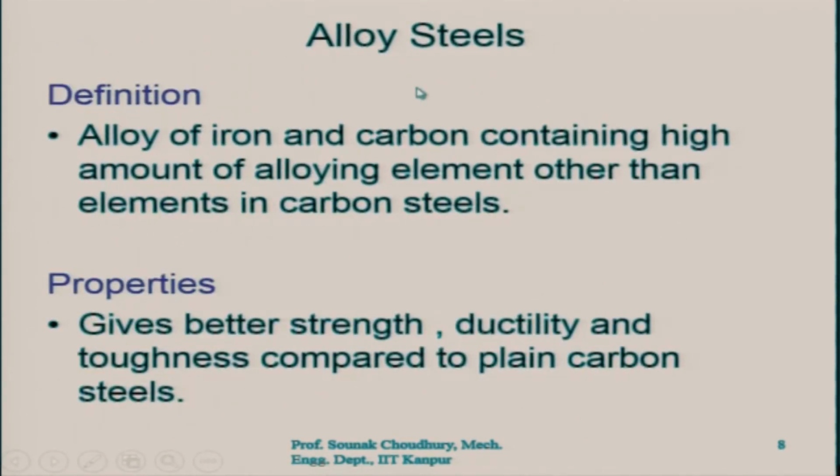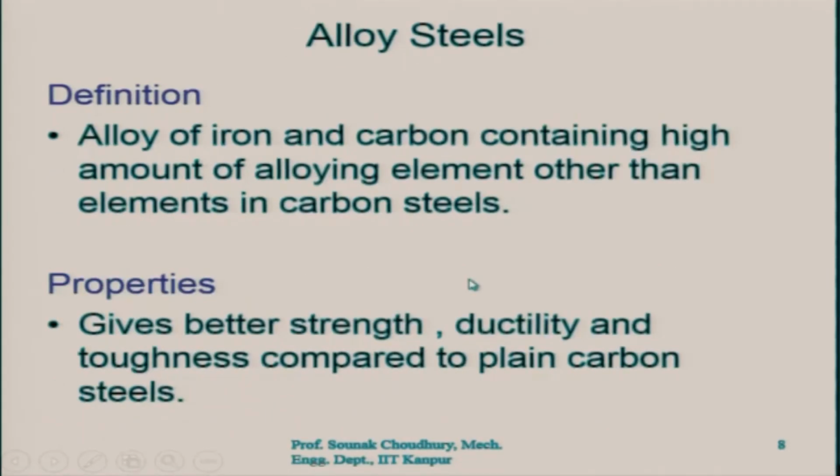The properties of alloy steels are that they give better strength, ductility and toughness compared to plain carbon steel. That is a major contribution of the alloy steels. In the engineering fields, the strength has to be more and ductility should be there, because that will help in machining and forming the material.